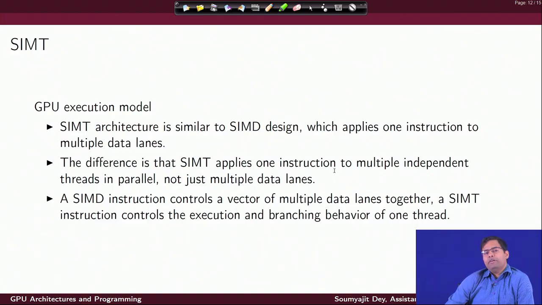That means fundamentally all your instructions are SIMDs. So, you have one SIMD instruction operating on different program threads, again another SIMD instruction operating on different program threads, and so on and so forth, and this is how it keeps on continuing.